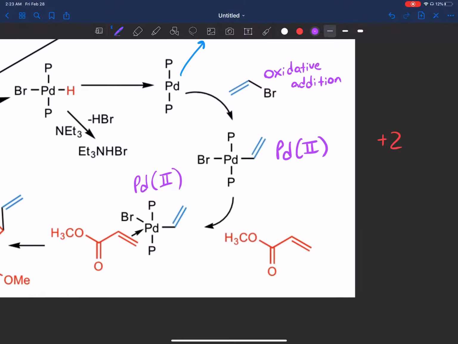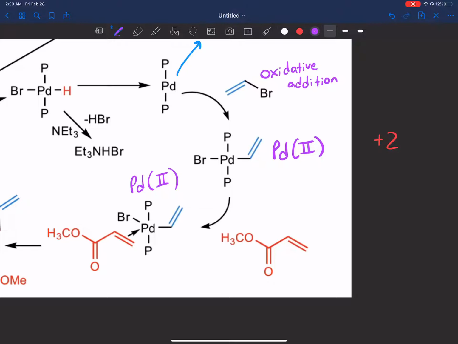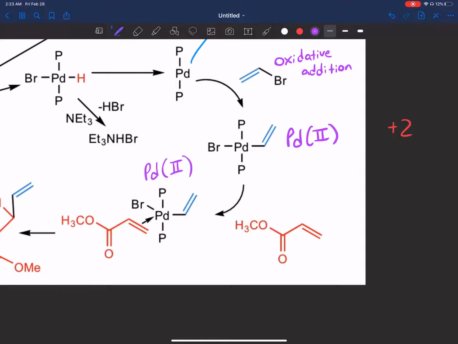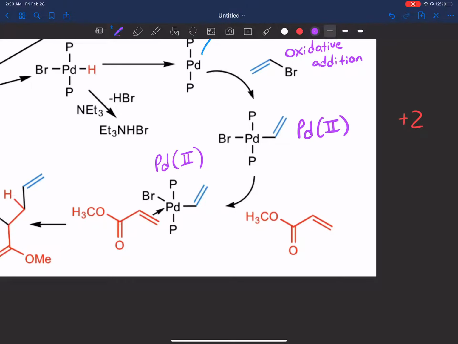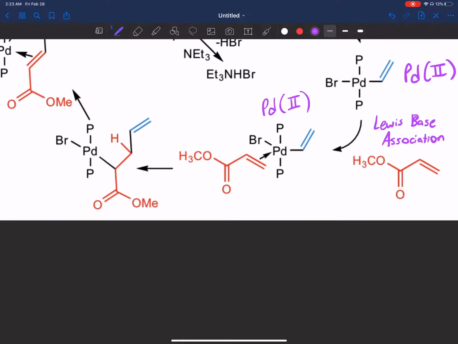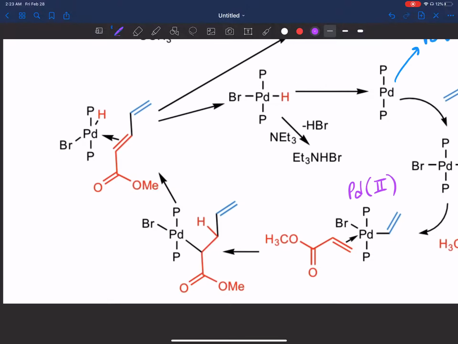So if my oxidation state didn't change, but I'm adding a new ligand, or in other words, I'm associating a new ligand, this reaction would have been a Lewis base association, or it could have just been called a ligand association. All right. Now let's move on to the next step.